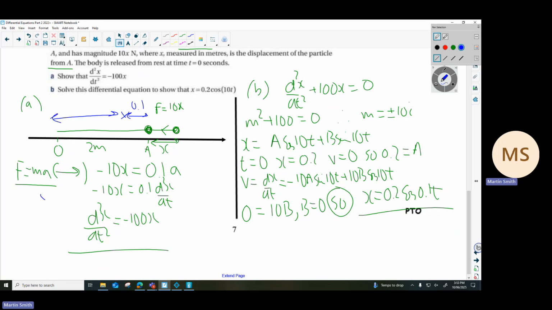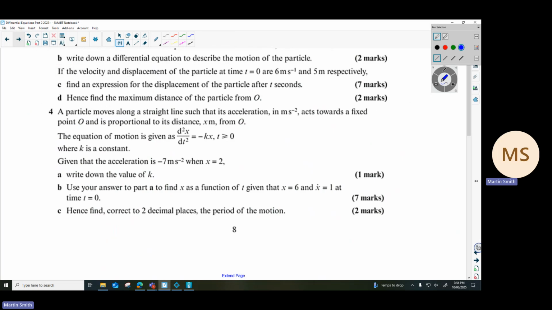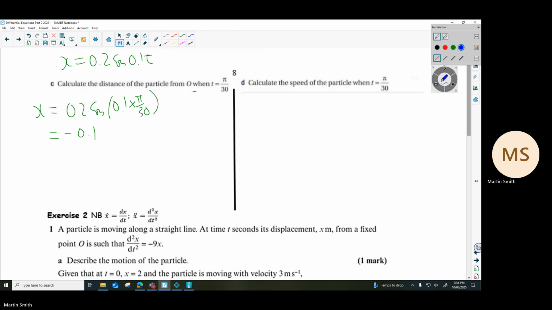Therefore, the distance from A is 2 take away 0.1 meters. So distance to A is minus 0.1, distance to O is 2 minus 0.1, which is 1.9 meters.